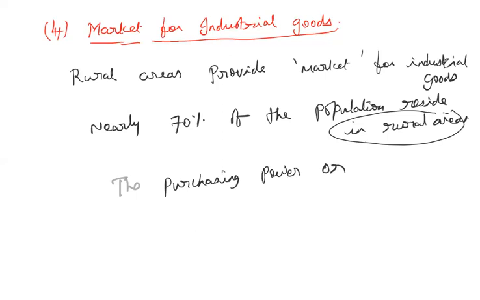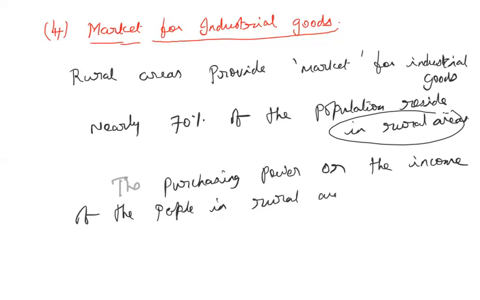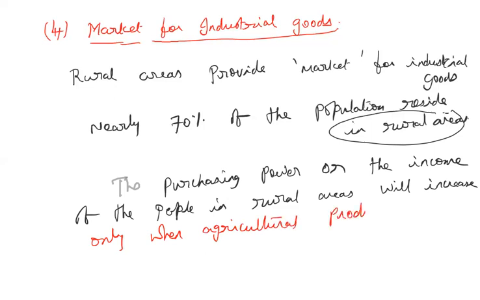or to put it very simply, the income of the people in rural areas will increase. How will it increase? Only when agricultural production increases. Only when the agricultural sector in our country expands, people in the rural areas will get more and more money income.